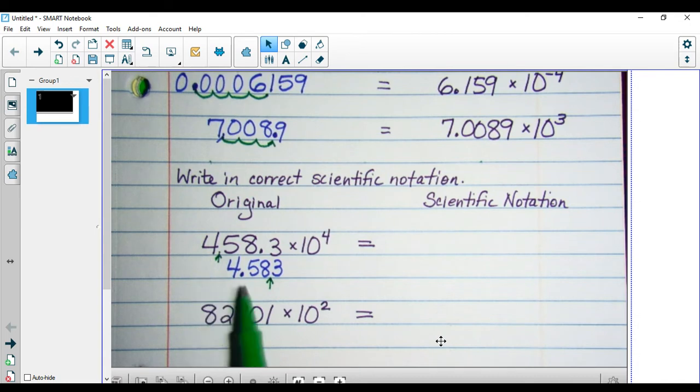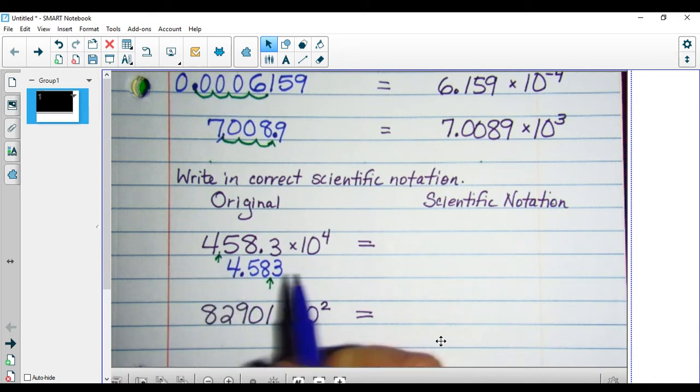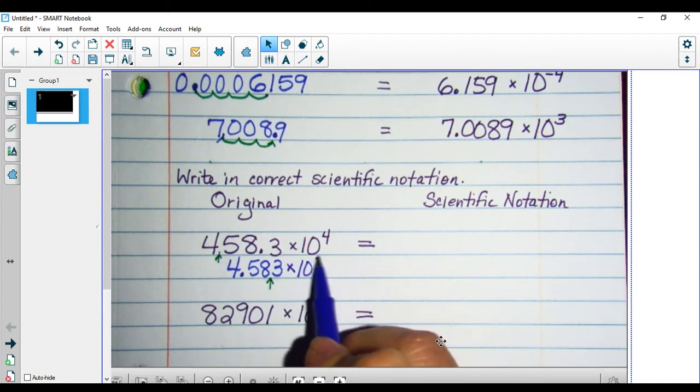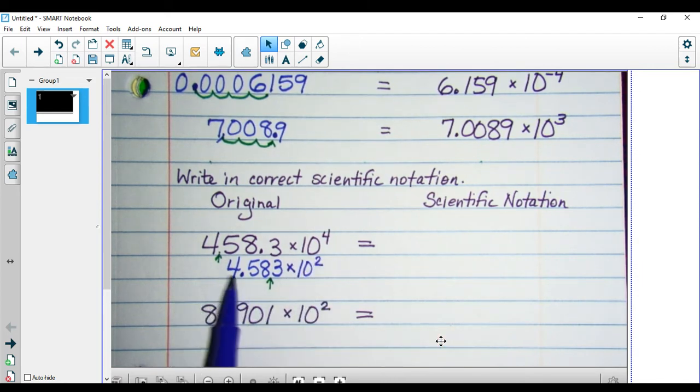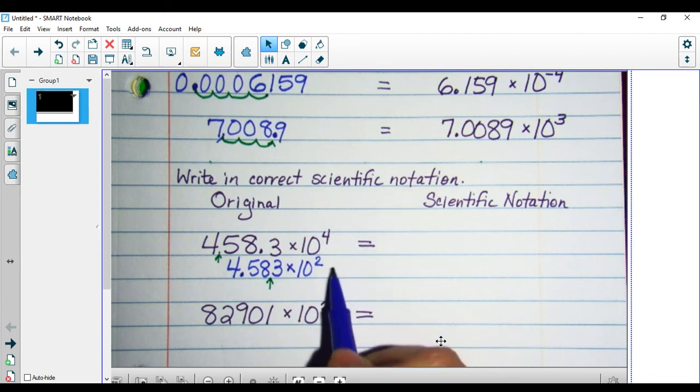So to get it back to 458.3, I'm going to take the 4.583 and multiply it by 10 to the second power so that it's worth 458. But I still need to multiply by 10 to the fourth.